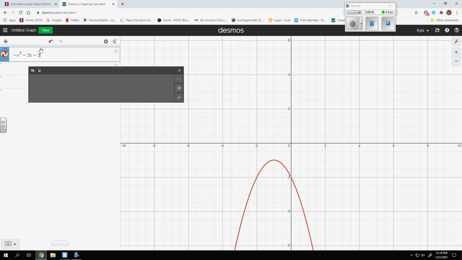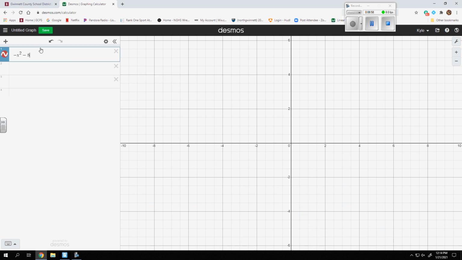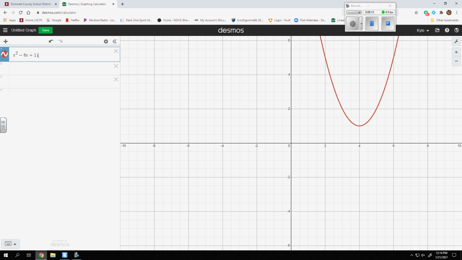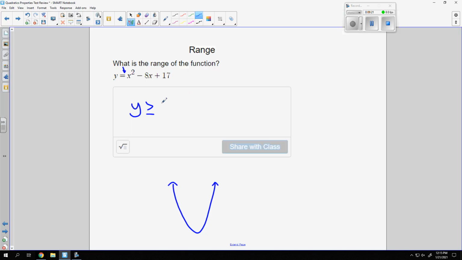That is -8x plus 17. It's a positive out in front. And cool, let's make sure I have it typed in there correctly. -8x plus 17. All right, so my minimum value in that vertex, my minimum is 1. So all of my y's are greater than or equal to 1.